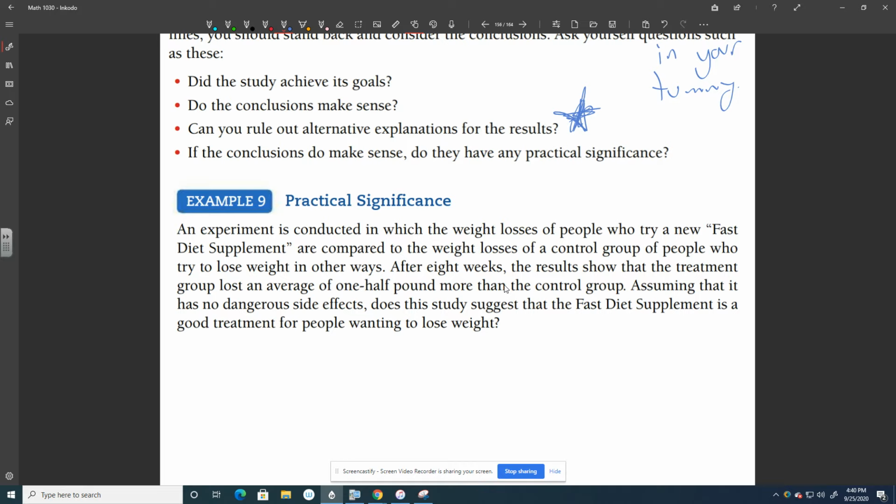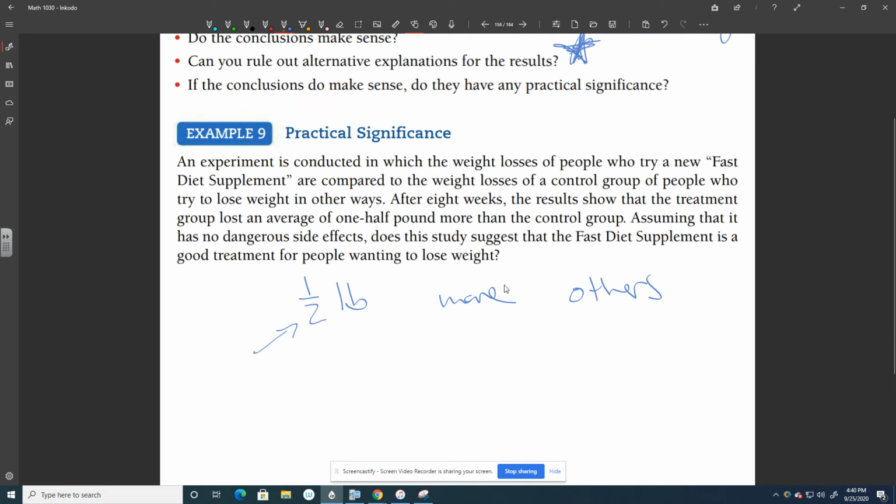And the result was that this fast diet supplement, on average, the people using that supplement lost 1/2 pound more than the others. Therefore, this supplement plan is better. Okay, is that really significant?